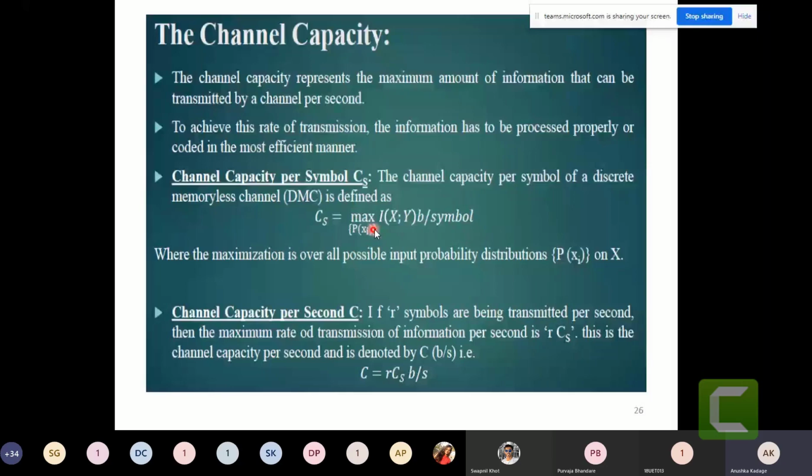And this maximum value of trans information is possible over all possible input probability distributions for the X variable. That means corresponding to each symbol which has been transmitted and its associated probability, based on that, the maximization of mutual information is going to happen.